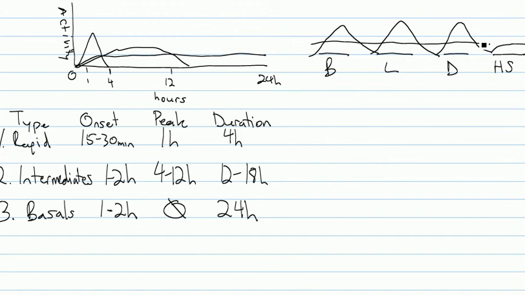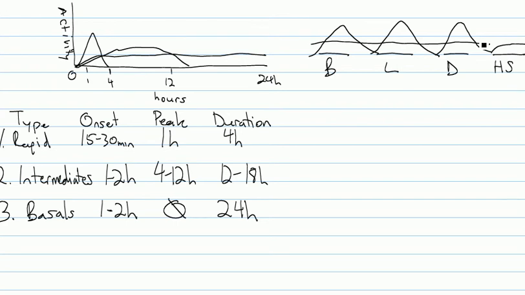So let's talk about what that means in terms of, say, your patients in hospital. What about a patient who's NPO, a patient who's not eating any food? Are they going to get any insulin? The answer is yes. They are going to get their basal insulin.